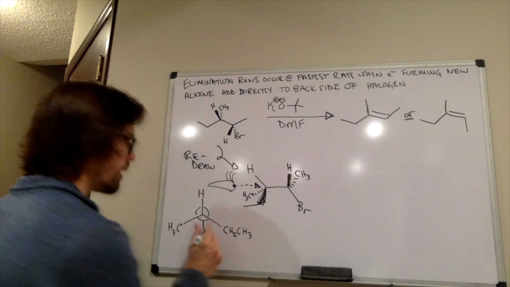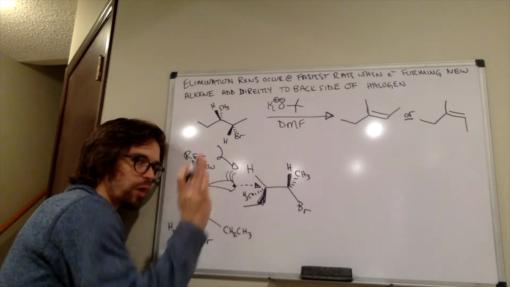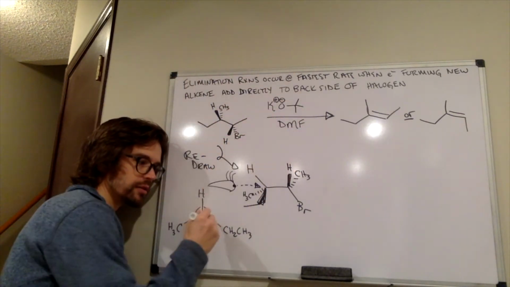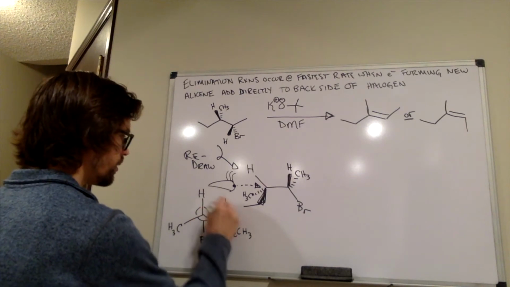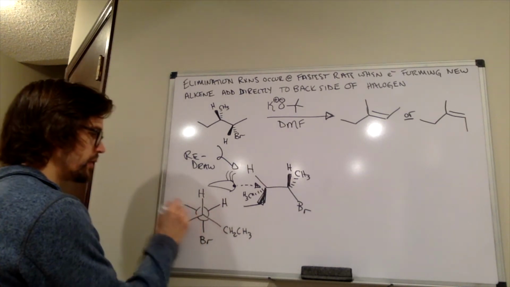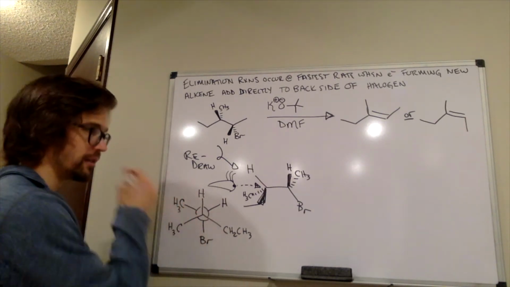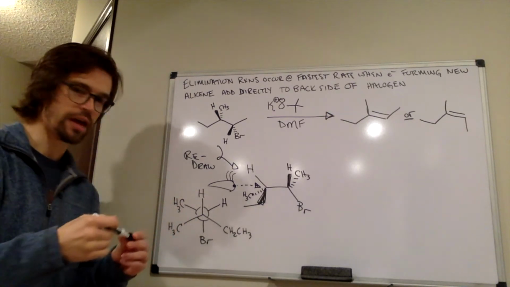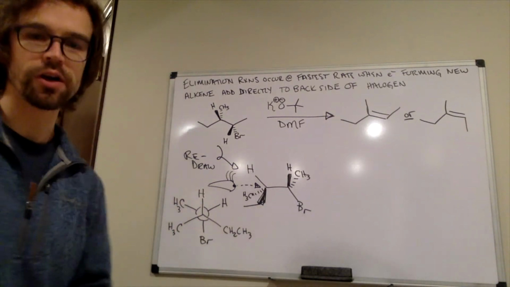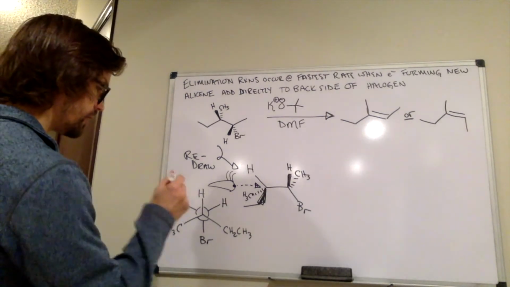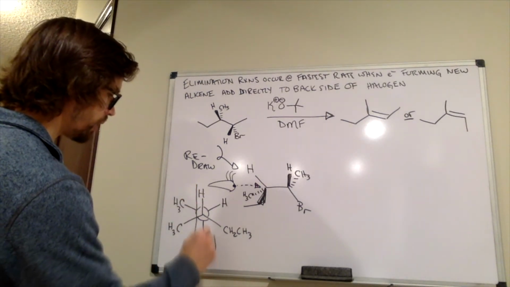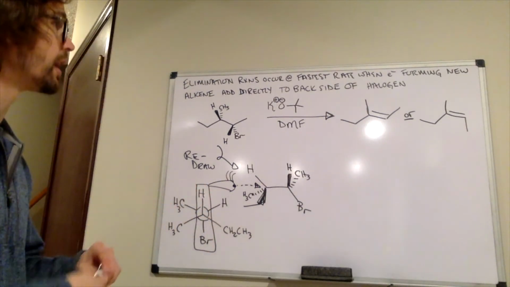The H is wedged, so it's coming toward you guys. And then the other CH3 is dashed, so it's also going that direction. So here's our Newman projection. It shows that the H and the Br are in the same plane.